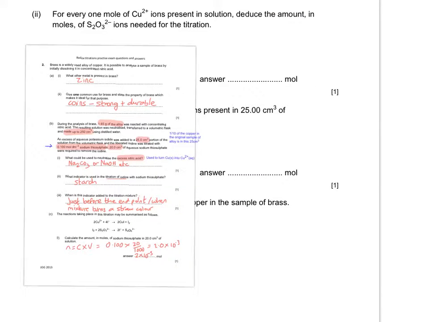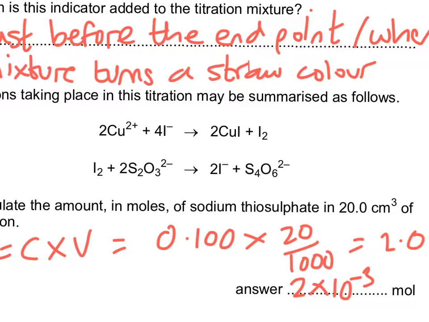So I've gone on to the other side of the sheet. I've made a copy of the previous screen so we can move it around as we do the answers here. It says, for every 1 mole of Cu2+ ions present in the solution, deduce the amount in moles of S2O3. So what we need to do here is to use this bit here. You can see quite clearly that it's a 1-to-1 mole ratio, because if we look at them close up, you can see that they are a 2-to-2 mole ratio. So copper to thiosulfate is a 2-to-2 mole ratio.